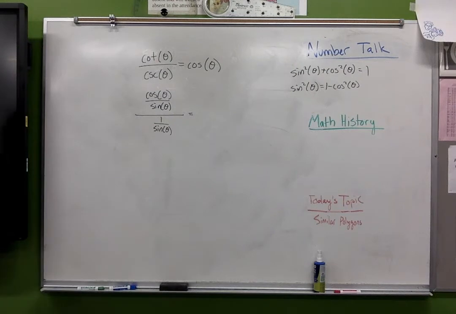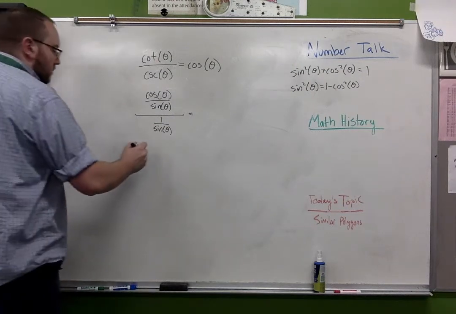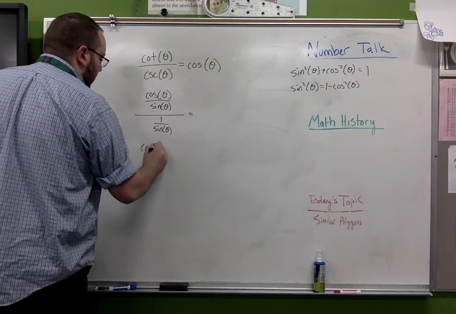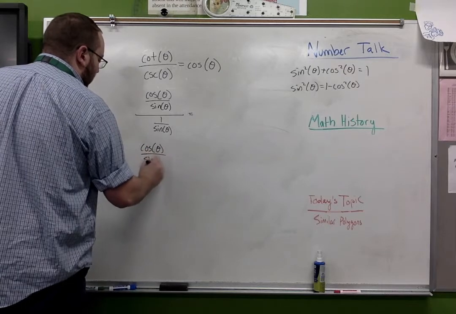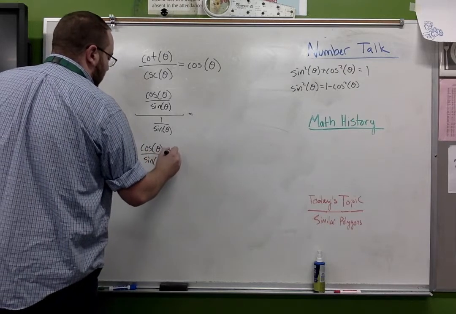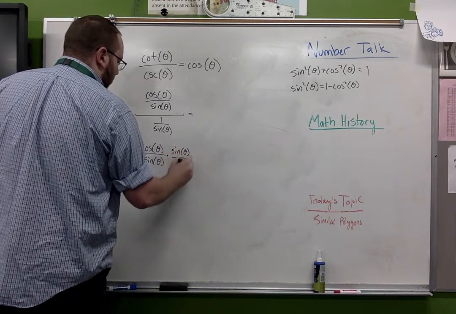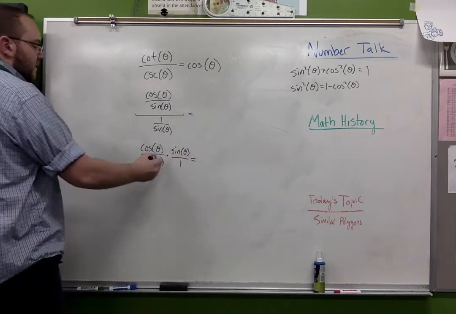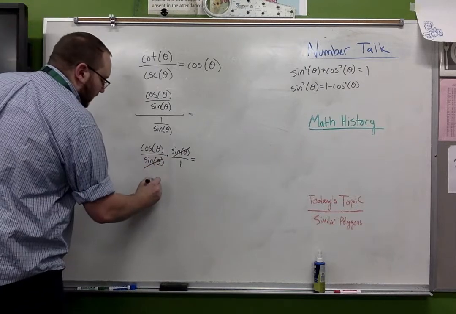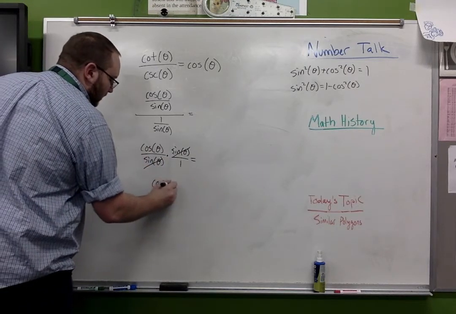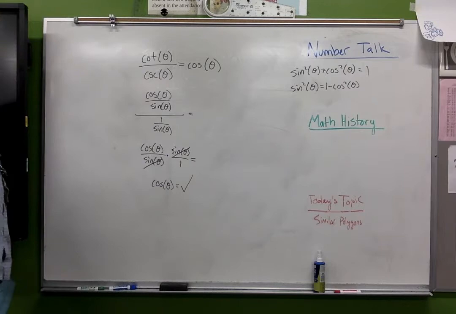Okay, when you divide by a fraction, you multiply by the reciprocal. So then we have cosine theta over sine theta times sine theta over 1. The sines cross reduce. So then we have cosine theta, verified.